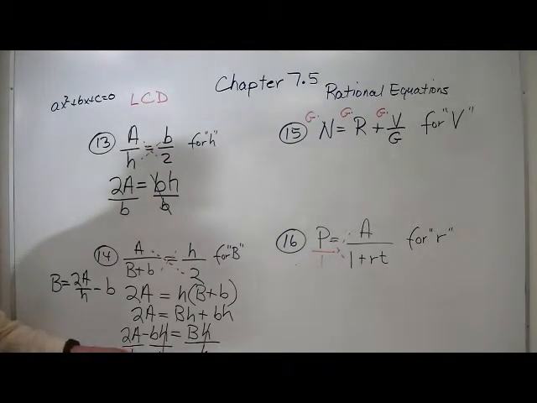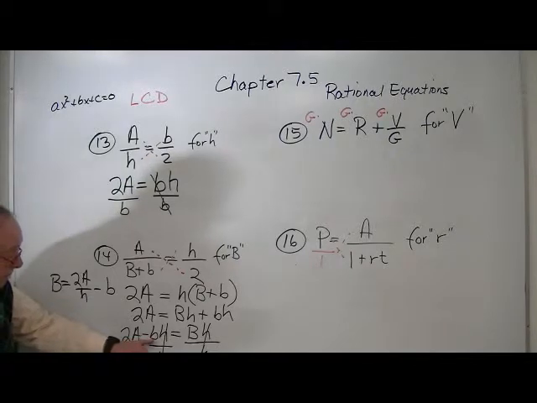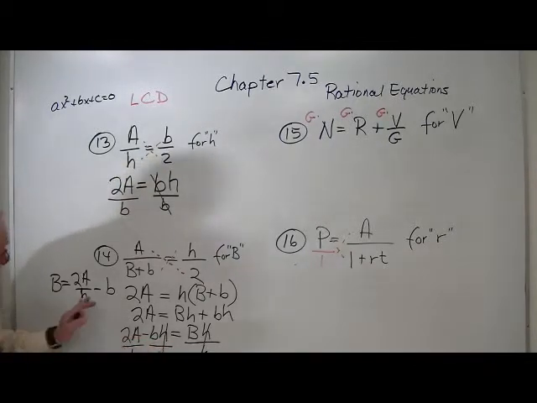Now, I personally would accept it if it was 2a minus bh all over h, but these answers, in a sense, are equivalent. You have factored out that h over there, and they're equivalent.